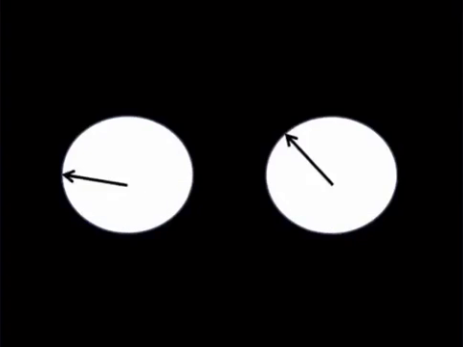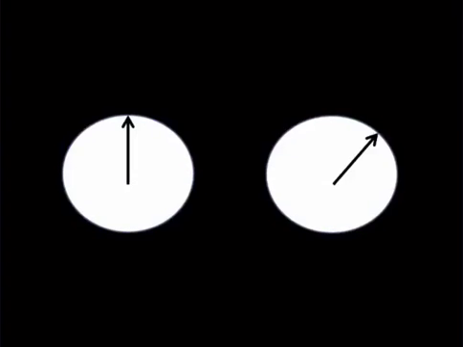So in phase is when they're coherent, out of phase is when they're incoherent, and they're not in the same place. So these two guys would be out of phase. They're not at the same place at the same time. But this is the second side effect of resonance, is that they line up and they become in phase.